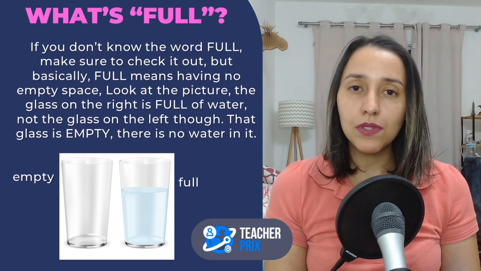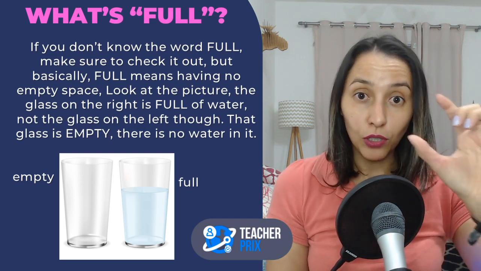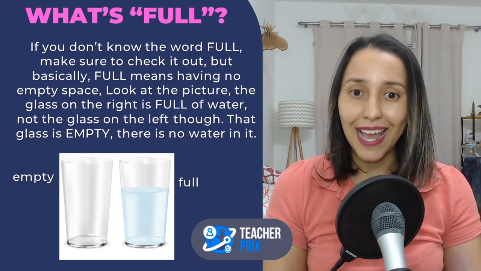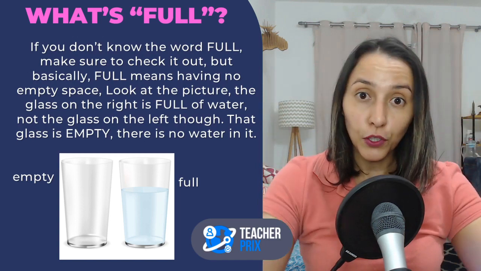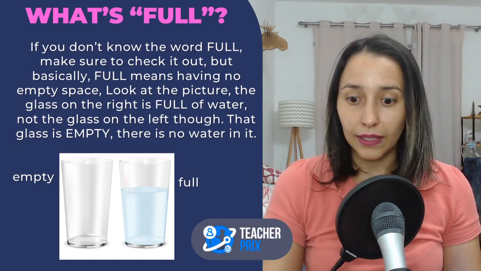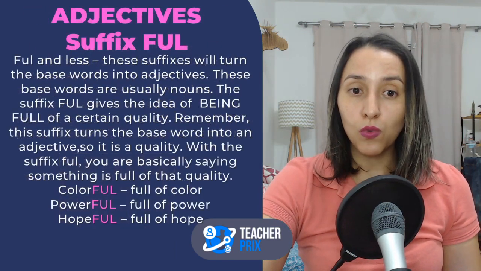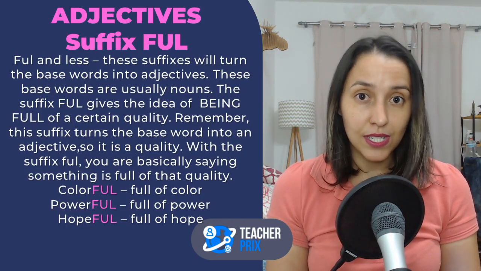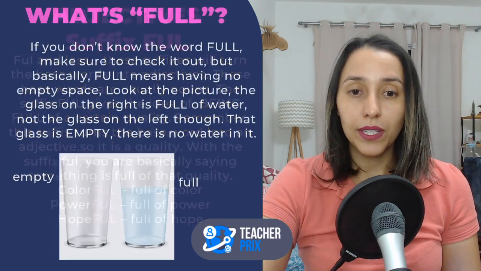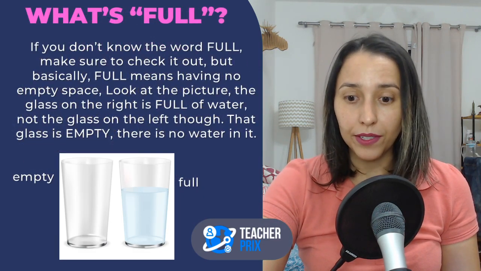So every time you see a suffix full in a word forming an adjective, it will give this idea of being full of something. Now remember, I'm showing you quality, so it'll be full of a certain quality. So here the glass is full of water.